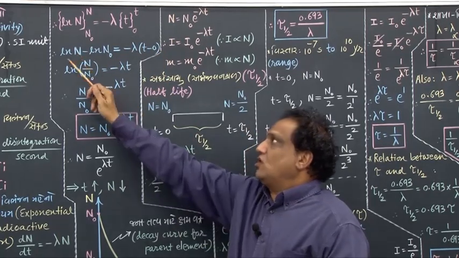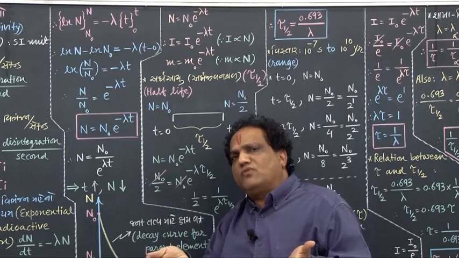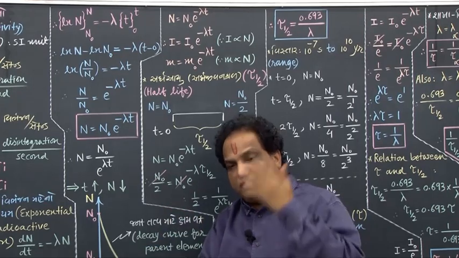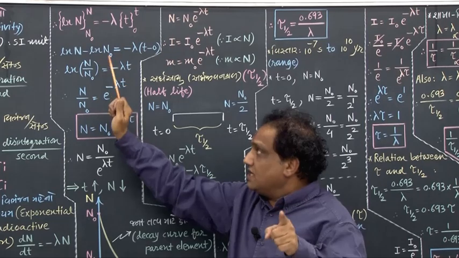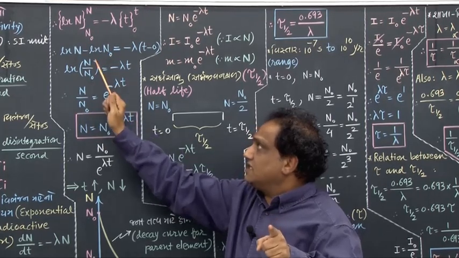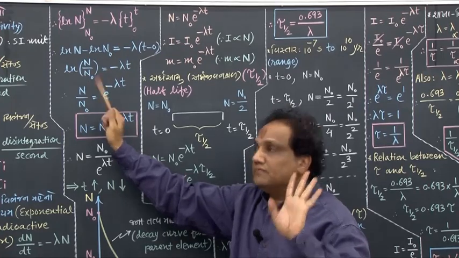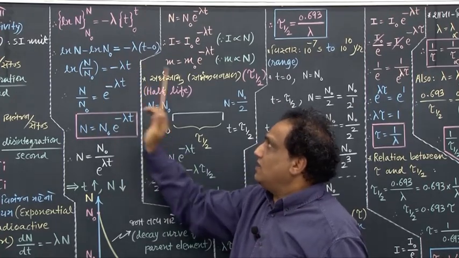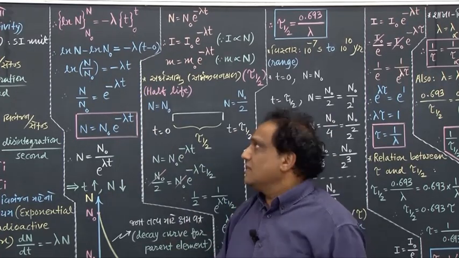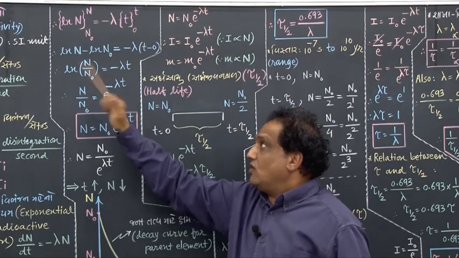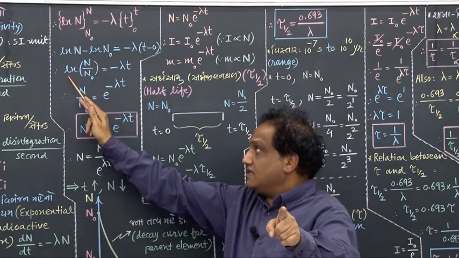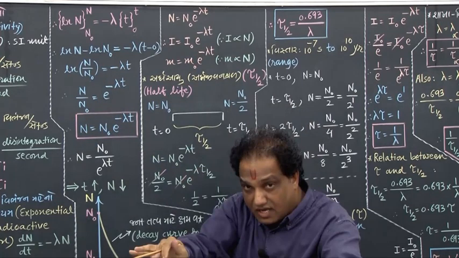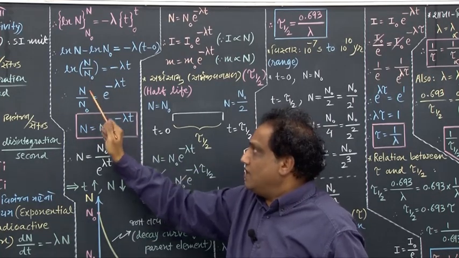Now, if it is log a minus log b, what will you write next? Log of a upon b. Similarly, ln N minus ln N0 is ln of N upon N0. And here it is minus lambda into t. Now take anti-log on both the sides to the base e. Anti-log and log will cancel, giving you N upon N0.